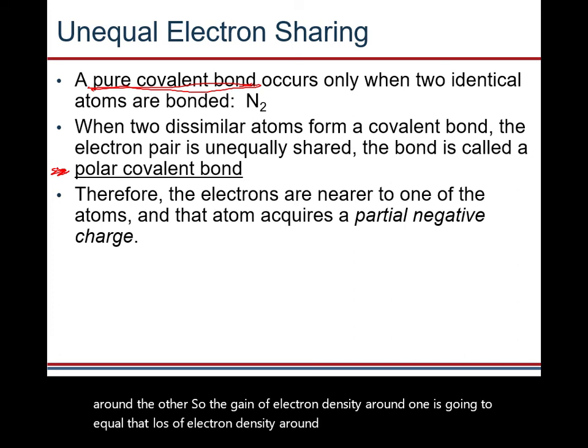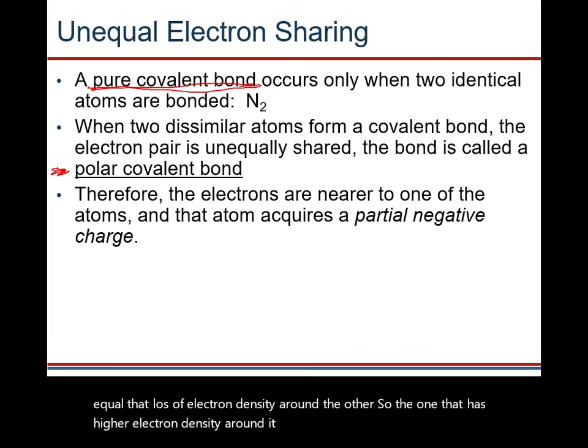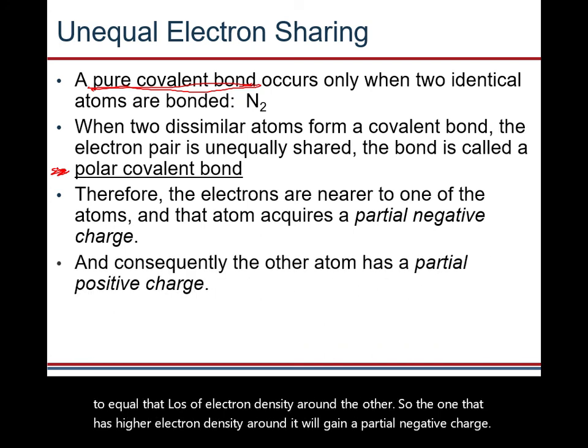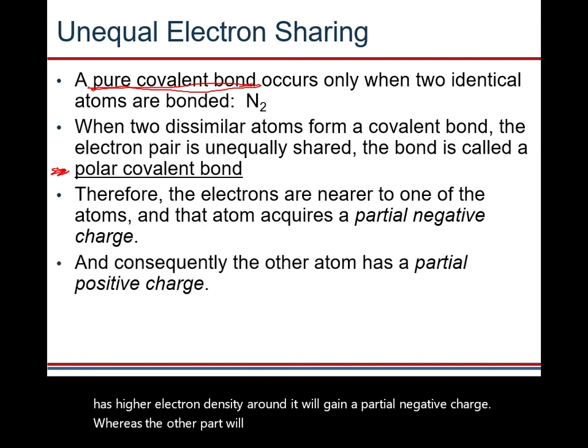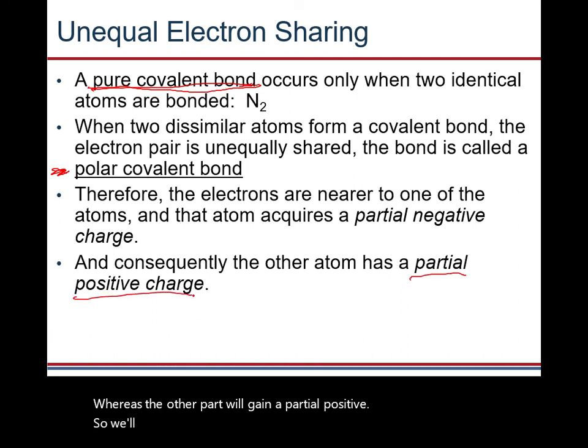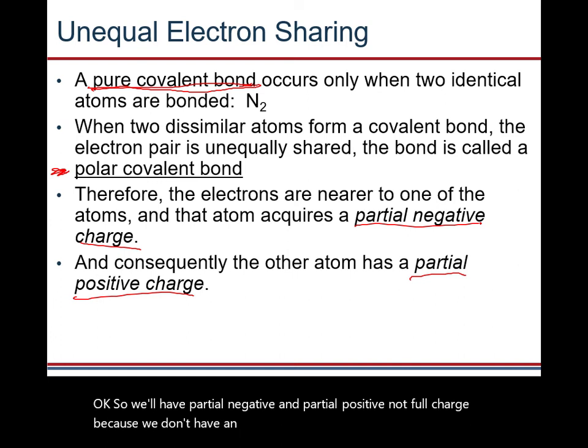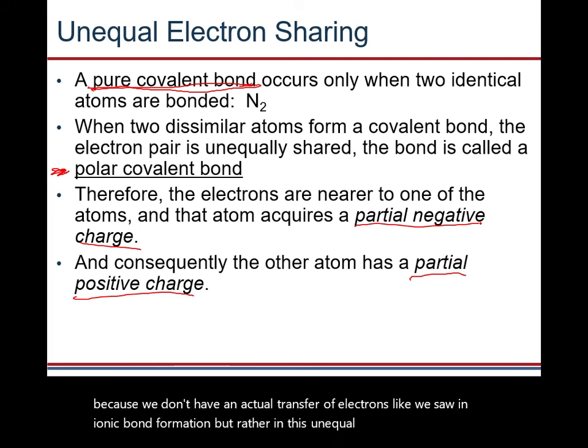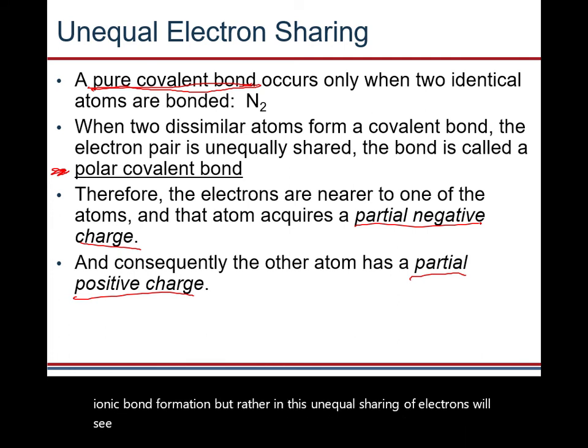The one that has higher electron density around it will gain a partial negative charge, whereas the other will gain a partial positive. Not a full charge, because we don't have an actual transfer of electrons like we saw in ionic bond formation, but rather in this unequal sharing of electrons, we see partial positive and partial negative.